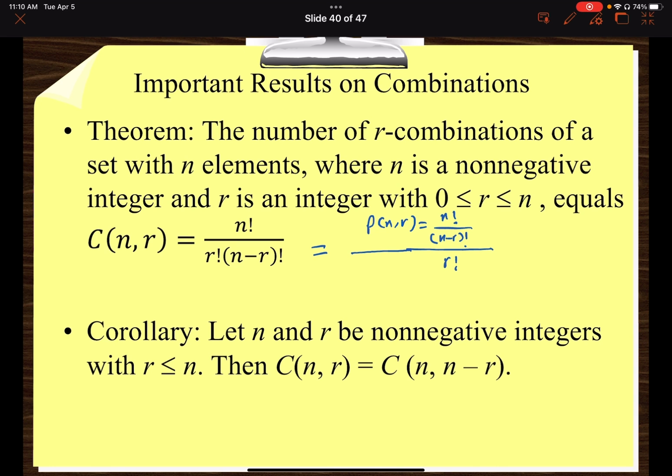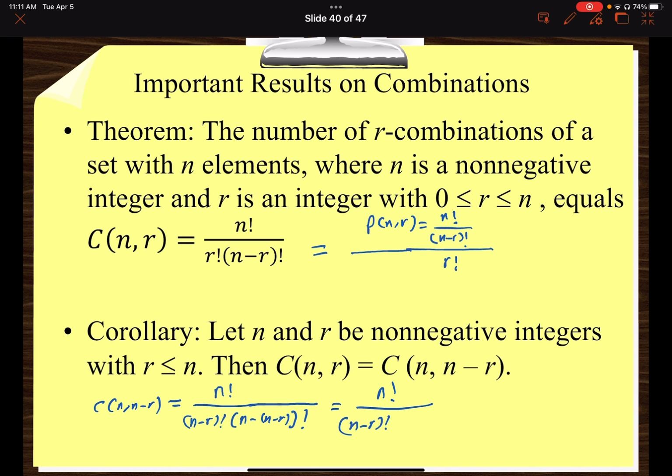Just use the theorem. So C(n, n minus r) by the theorem is equal to n factorial divided by (n minus r) factorial, multiplied by (n minus (n minus r)) factorial. This equals n factorial over (n minus r) factorial r factorial.